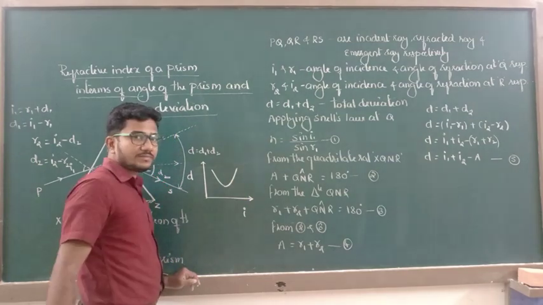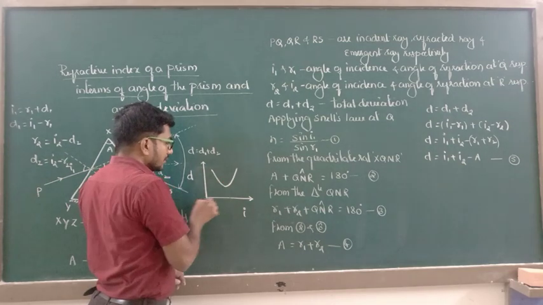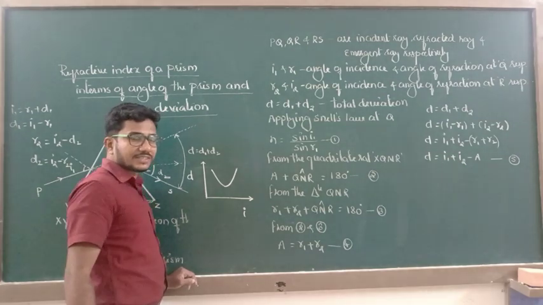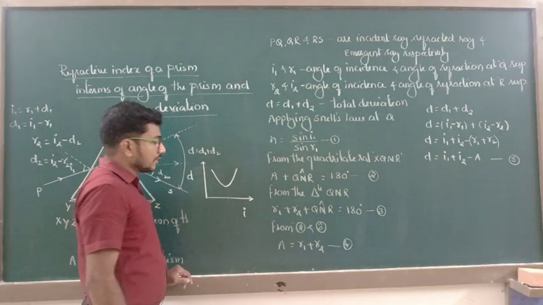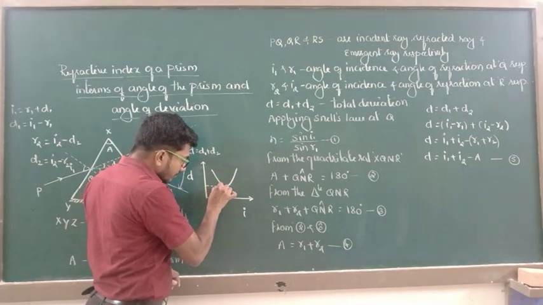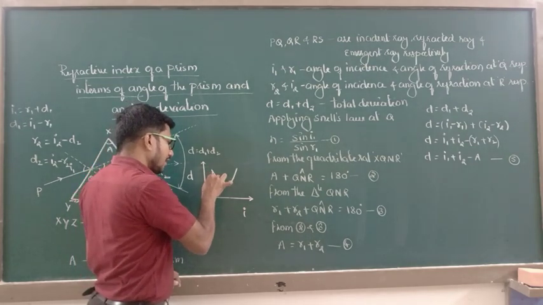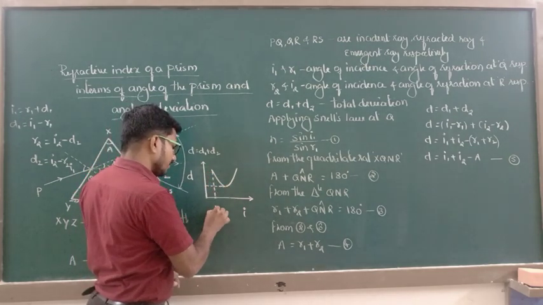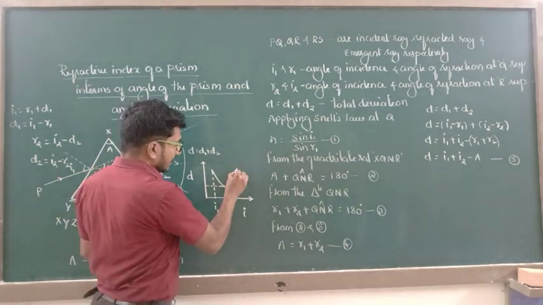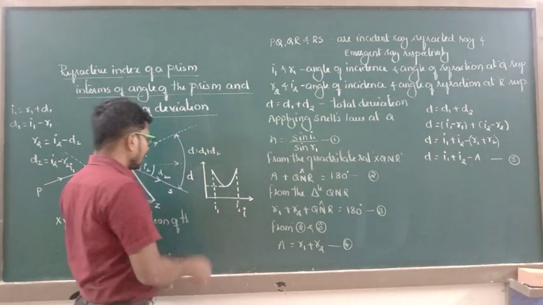So this curve represents variation of deviation with respect to change in angle of incidence. This point represents minimum deviation. Let us consider here the angle of incidence is I1, left to right, and here the angle of incidence is equal to I2, right to left.